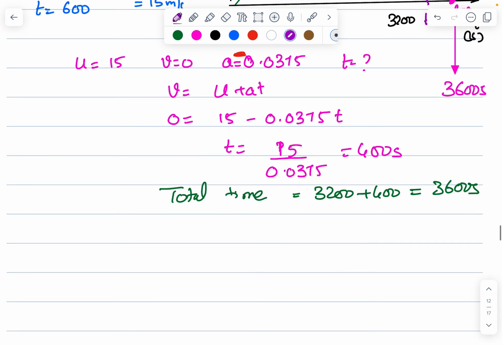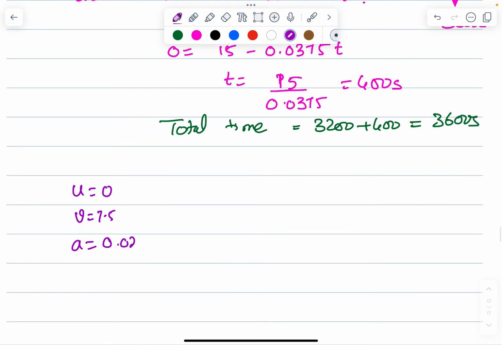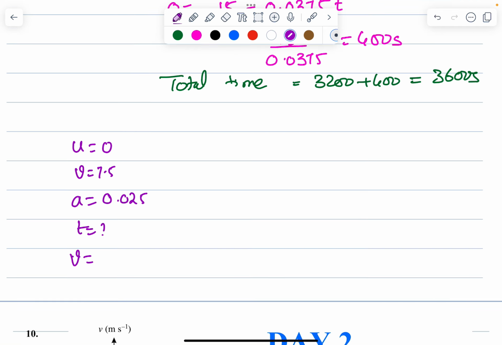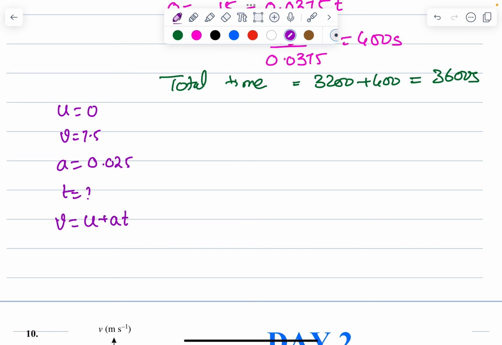There are multiple ways of doing this. For the first part, u equals 0, final velocity is 7.5, acceleration is 0.025. So what's going to be the time? I'm going to use v equals u plus at. 7.5 equals 0 plus 0.025 times t1.